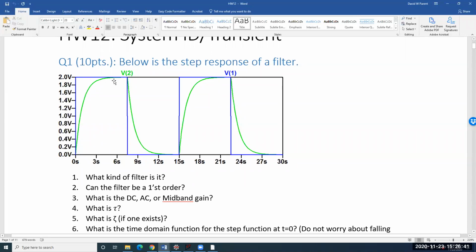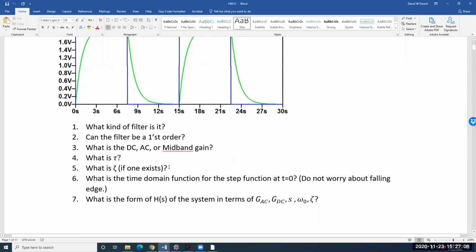And how long is that taking, right? Because you don't see any overshoot, you can assume the simplest thing, that it's a first order, right? And then if that's the case, you can find out tau, measure 5 tau, find tau, that's 1 over omega naught, right? As a hint, damping ratios only exist for second order functions. Now you can have a fourth order function and break it up into 2 transfer functions that are second order, and then put a zeta in there.